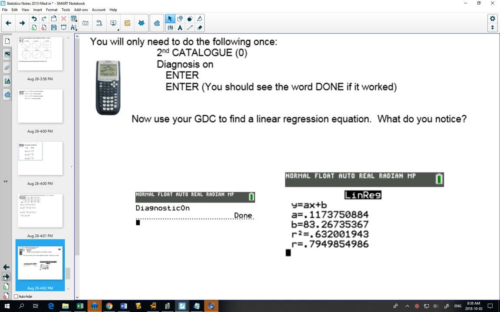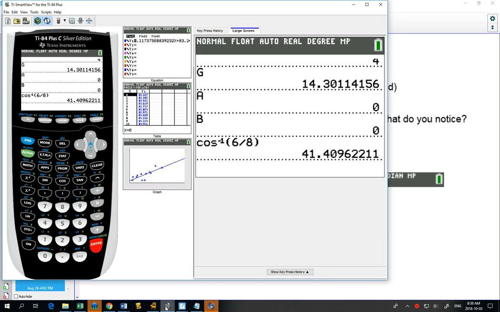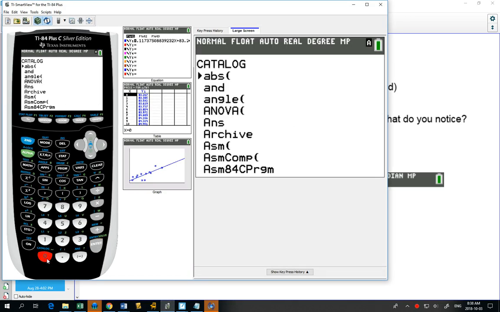So, take out your calculator. You're going to have to go to catalog. And when you go to catalog, so I'm going to go second catalog, this is a list of all the commands on your calculator. So if you're ever lost and like, oh, I don't know where to find 1var stats, it'll be listed in here. Every single command is listed in here.